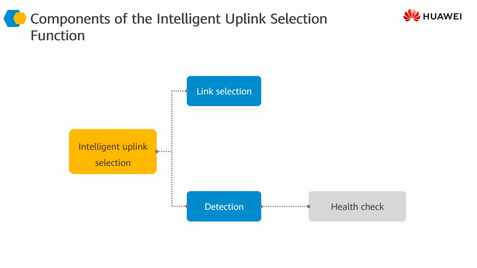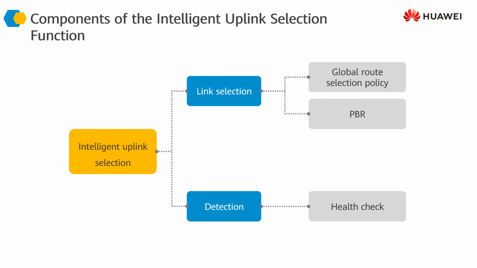If you look at the link selection mechanism, there are basically three techniques which we use in order to implement intelligent uplink selection. One is the global route selection policy, the second one is policy-based routing or PBR, and the third one is ISP link selection. Let's take a look at all these features one by one, starting from global route selection policy.